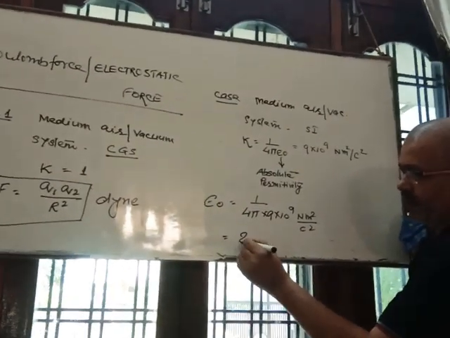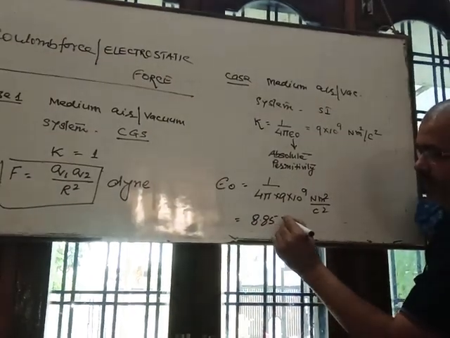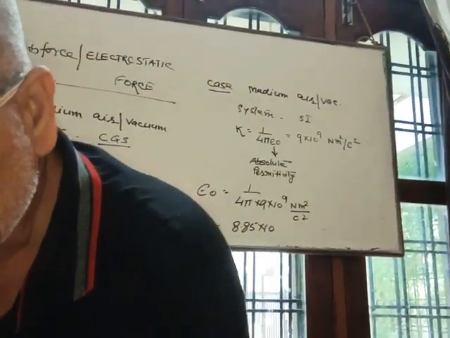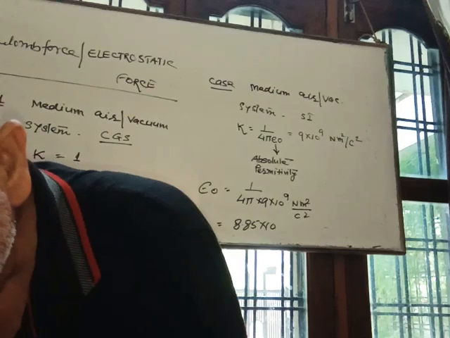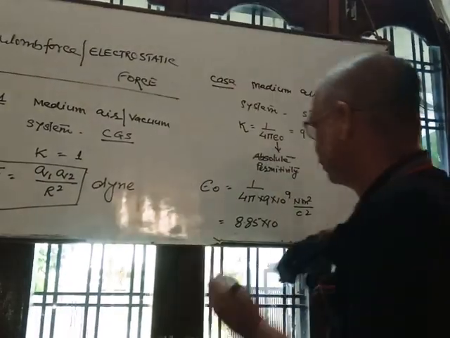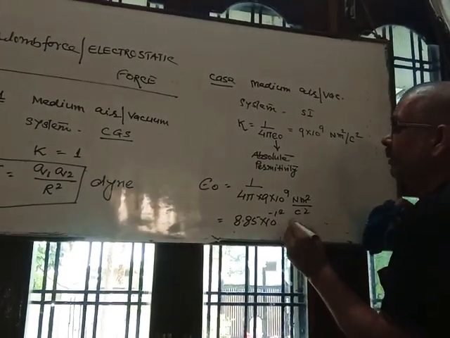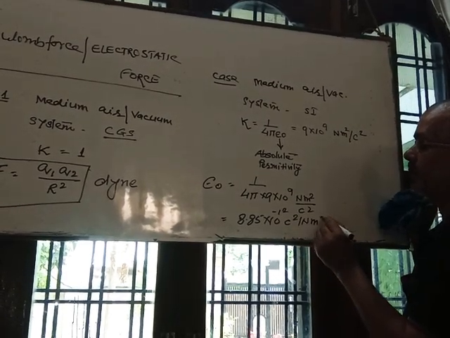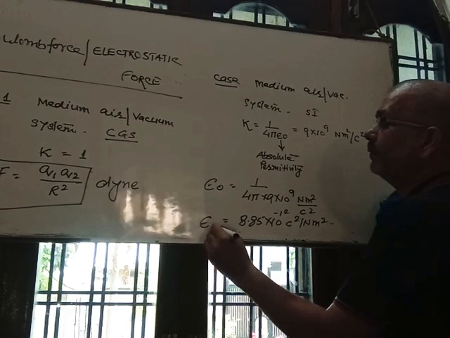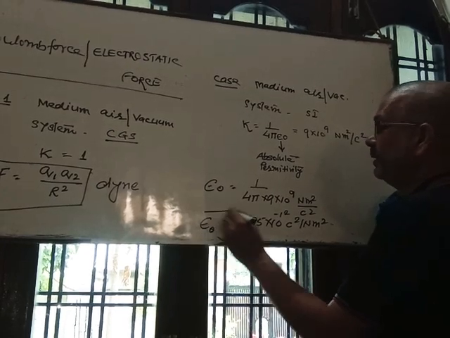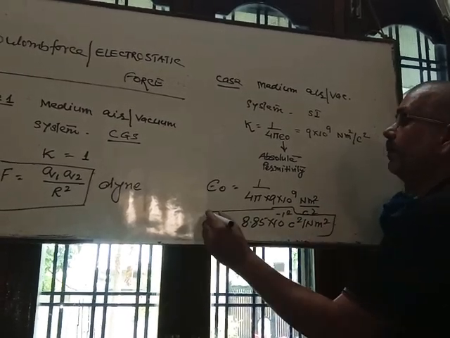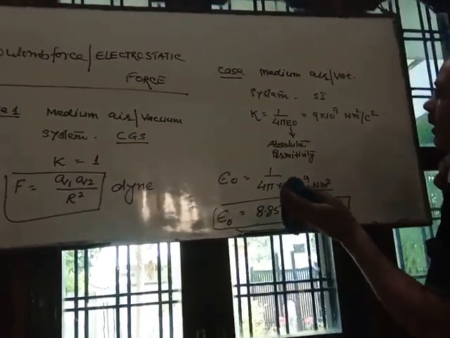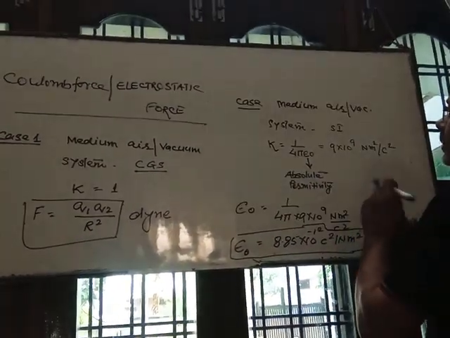So it becomes 8.85 into 10 to the power minus 12 Coulomb square per Newton meter square. This is the value of absolute permittivity, or permittivity of air or vacuum. Now that was the second case.